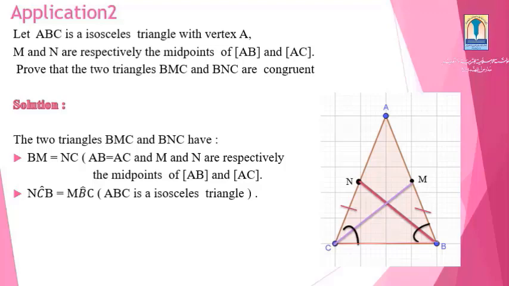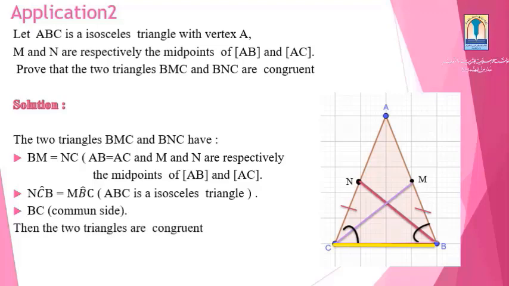These are its base angles. Now, BC is clearly the common side between these two triangles. And now, since we have our three elements, we could say that these two triangles are congruent by the rule side angle side.